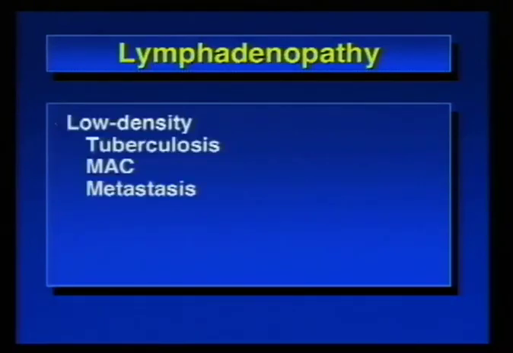One thing that people like to talk about is low-density lymph nodes versus high-density. These aren't that common. Usually most lymph nodes are homogeneous, have soft tissue density, and enhance.